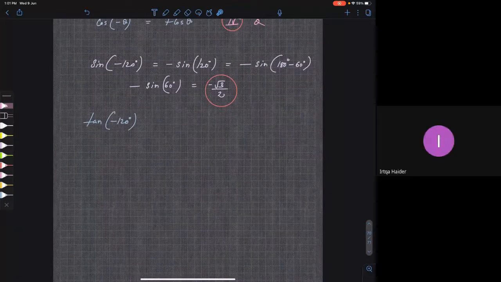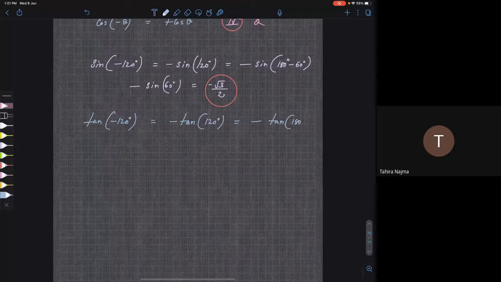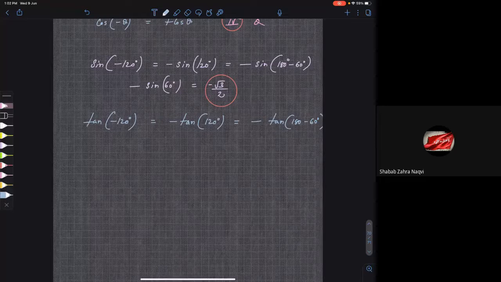But according to our formula, what is tan of minus theta? It is minus tan theta. So it is minus of tan of 180 minus 60. You are getting my point? What will it be?